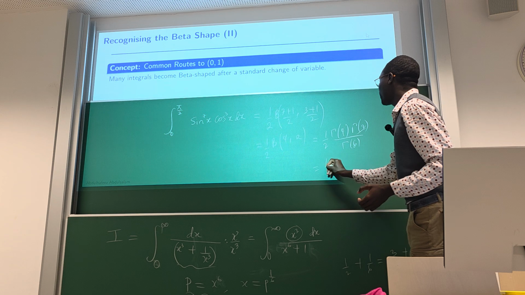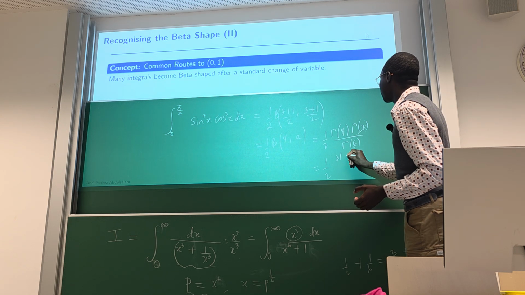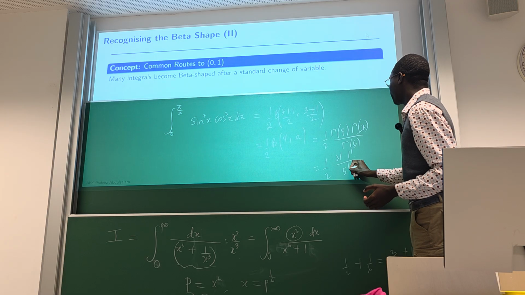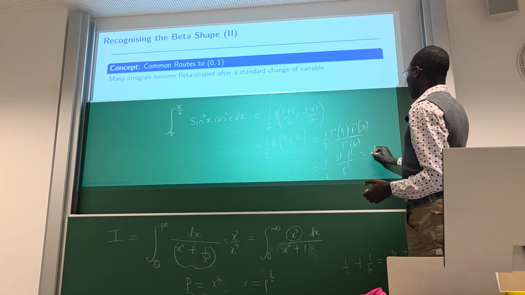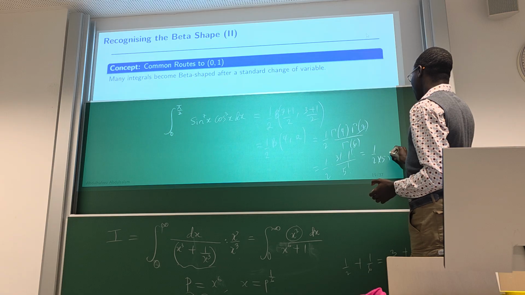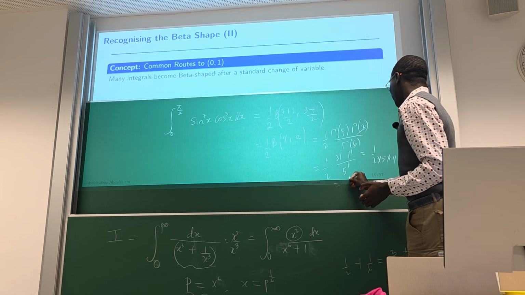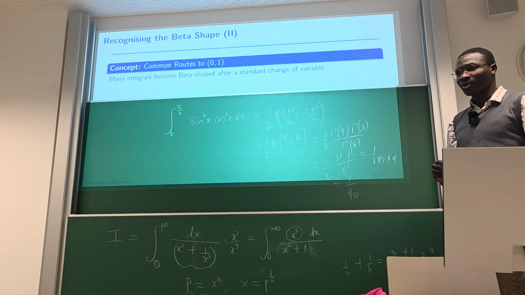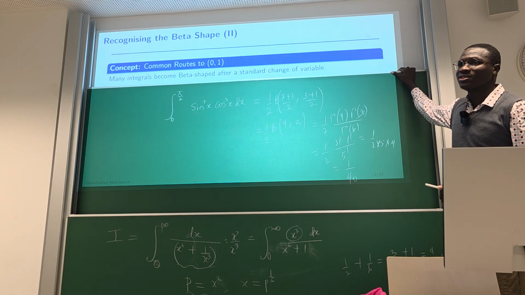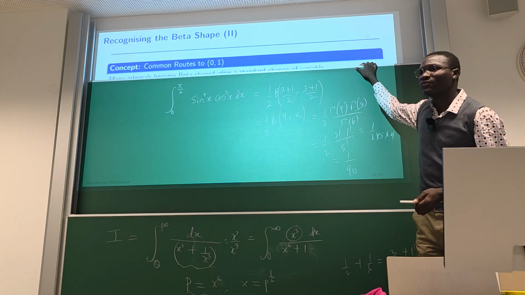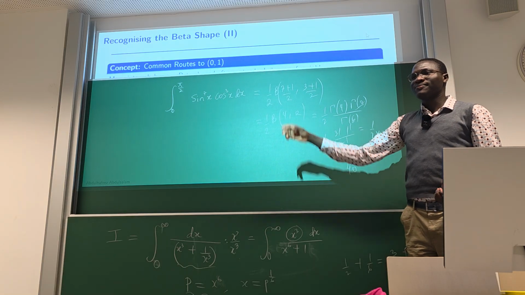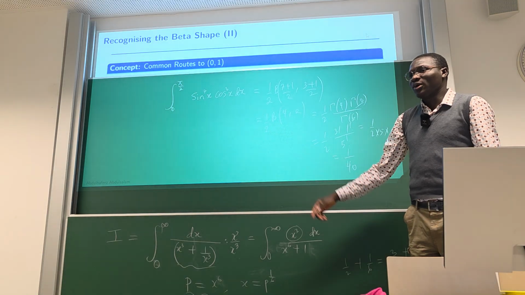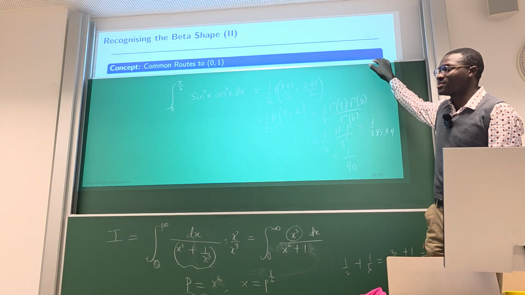I will just write half, for the sake of explanation, 1 factorial over 5 factorial. So this is going to be half times 5 times 4, which is 1 over 40. So that's the value of the integral. I did not need a reduction formula or complicated steps. It's as simple as this.